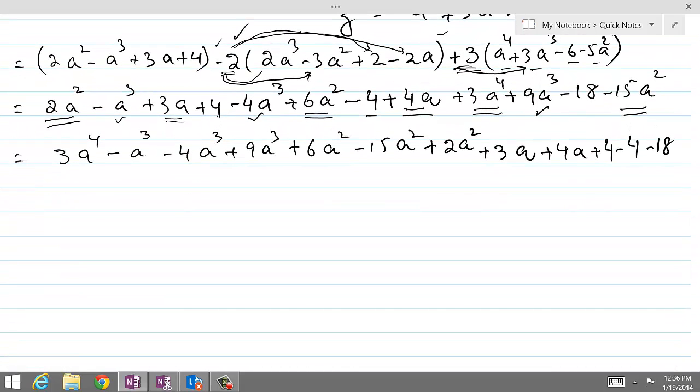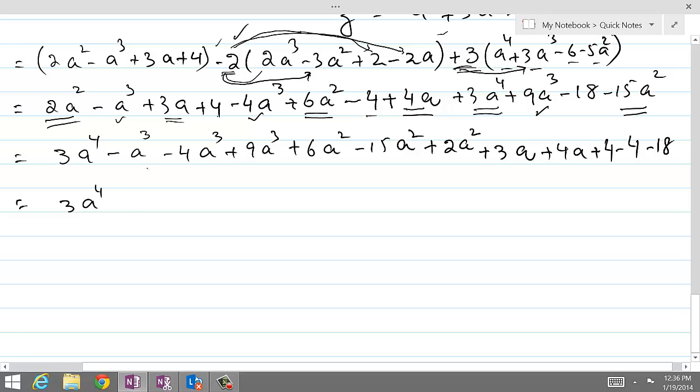So now we are going to perform the indicated operation: 3a power 4, minus a cube and minus 4a cube. Both the numbers are negative. Therefore, this minus 1 and minus 4 will add up, and this will give us minus 5a cube. And plus 9a cube is still there.